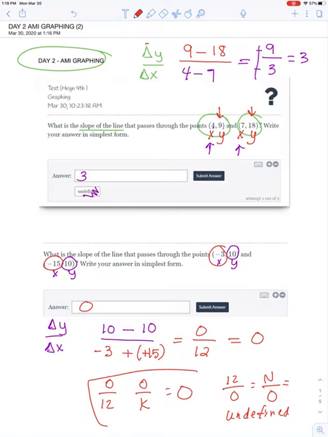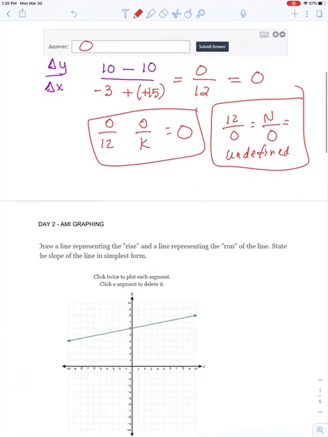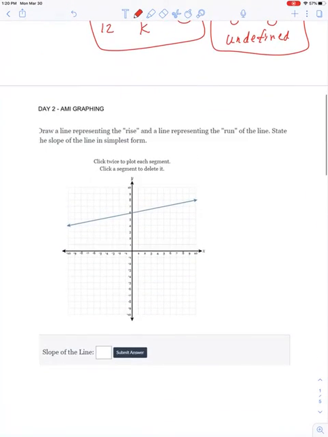Okay, so remember these that I have posted in my room whenever y'all were in there. Okay, so that's how you do the first part of the AMI graphing. Then it's asking you to draw a line representing the rise. So what that's telling you is click on the graph, and you're going to find a good point. So you're going to click on the graph, and that's going to be your rise, and then find another good point and draw your rise, and then your run.